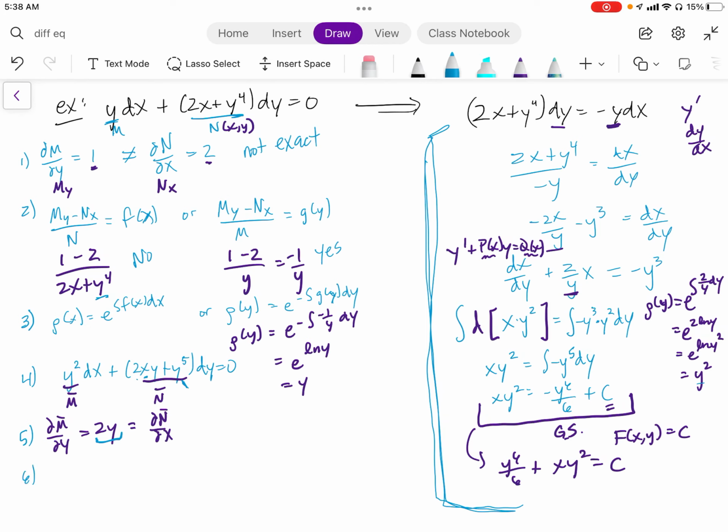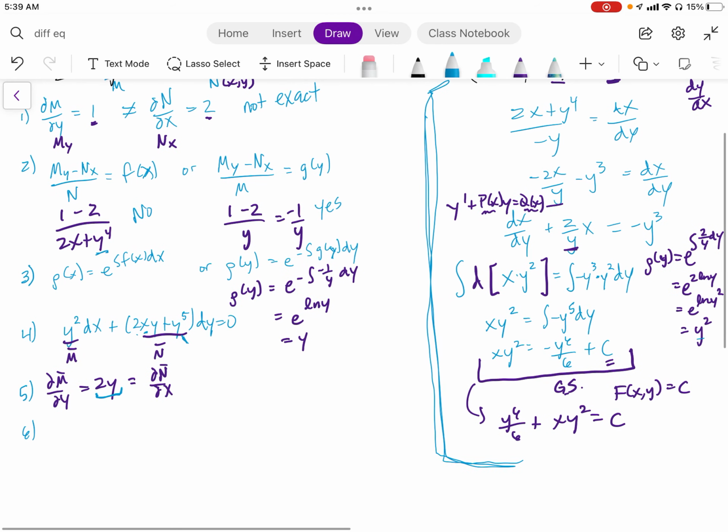So step 6, I explain this exact form in another video, so I'm not going to explain every piece of it here, but what we're basically doing, very briefly, is constructing this differential equation by knowing that our function, like I said over here, is a function of x, y.